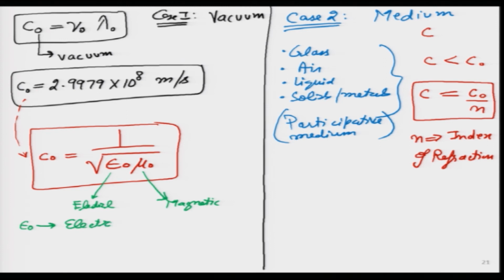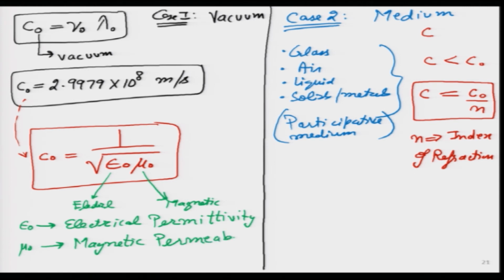So, this is the electrical permittivity, and mu naught is the magnetic permeability.